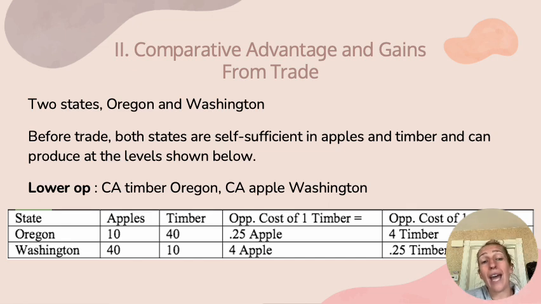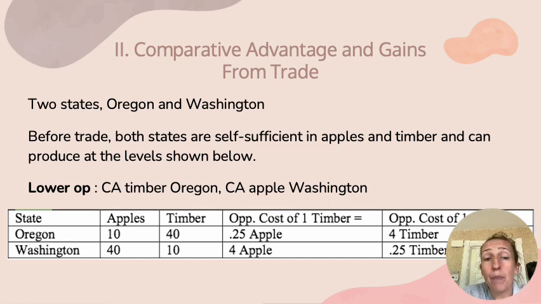Now we are going to look at our comparative advantage, which takes opportunity cost into consideration. Other over is what we are using here since we are looking at individual products. So what I mean by other over is if we're looking at the opportunity cost of one timber for Oregon, you're looking at 40 divided by 10, which is 0.25 apples.